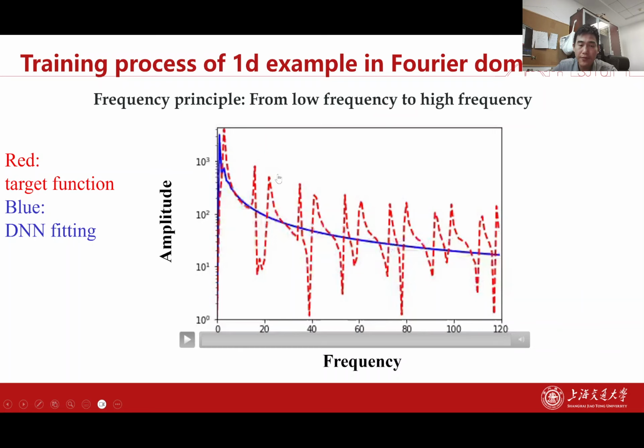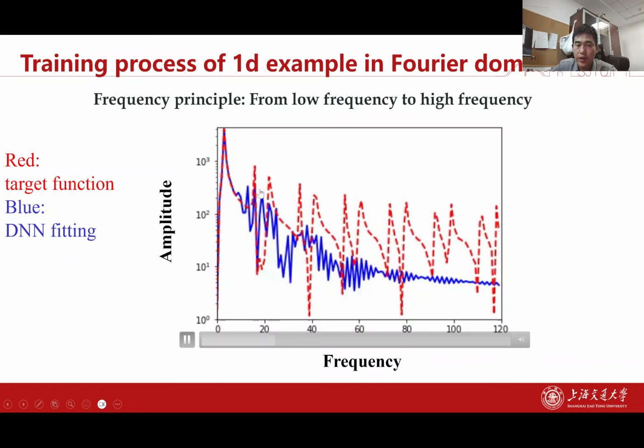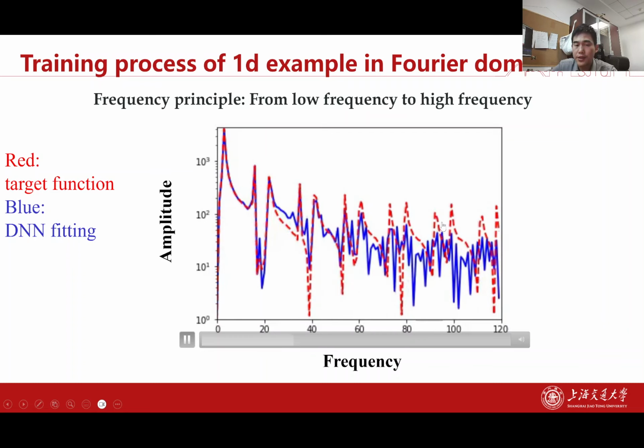It has many frequency peaks because the target function we selected has many discontinuities. As the training process goes on, we can see the neural network first fits the first frequency peak, and then learns more and more frequencies.